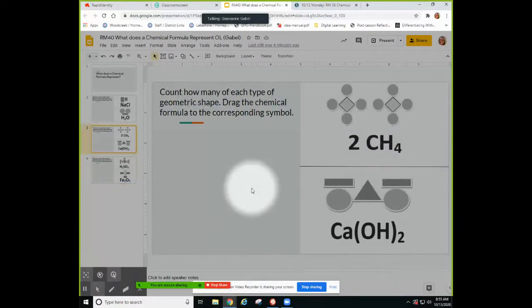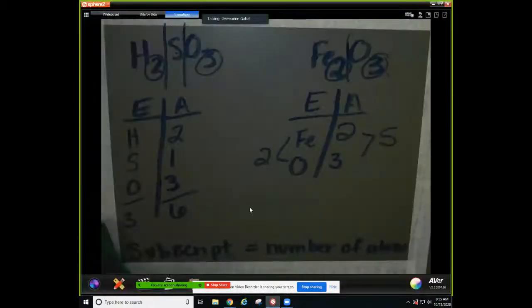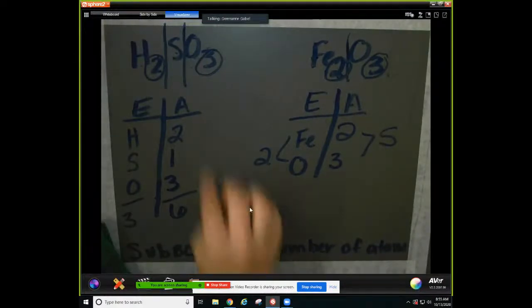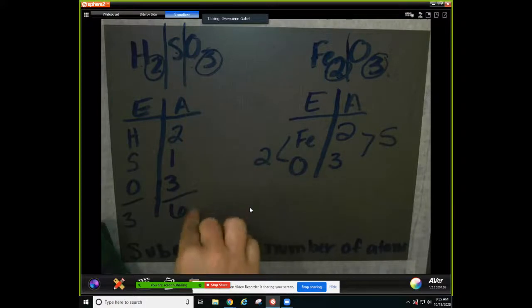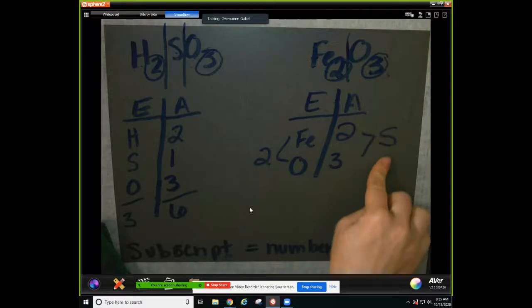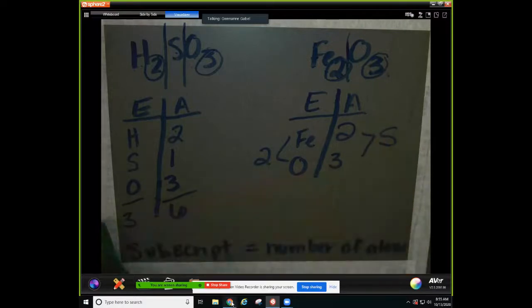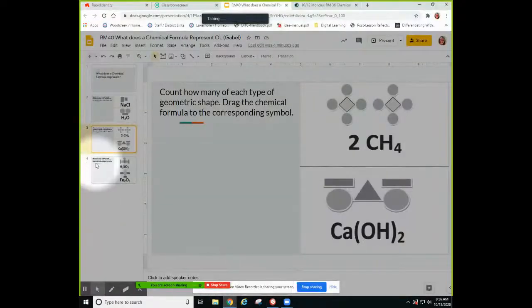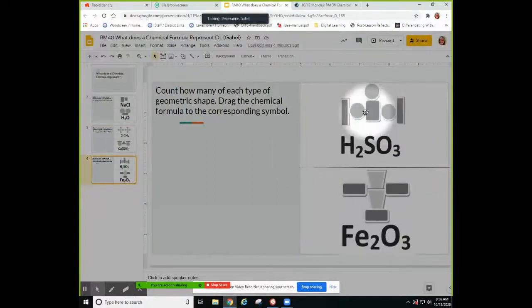Okay, so the question was, is it always easiest to just count the shapes? If you correctly calculate the number of elements and atoms like I did with my T-chart, then yes. So for this example, I found that there were 6 total atoms. And for this compound, I found that there were 5 total atoms. So when we look at our picture, just by counting the number of pieces or the number of ingredients, I was able to figure out which is which.